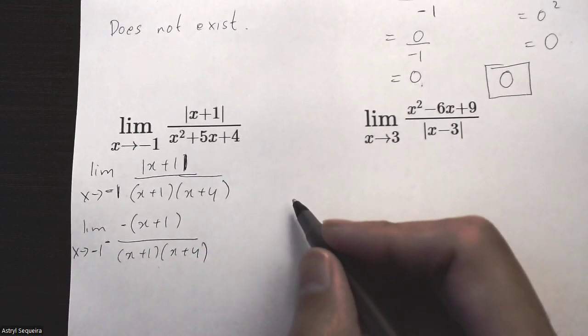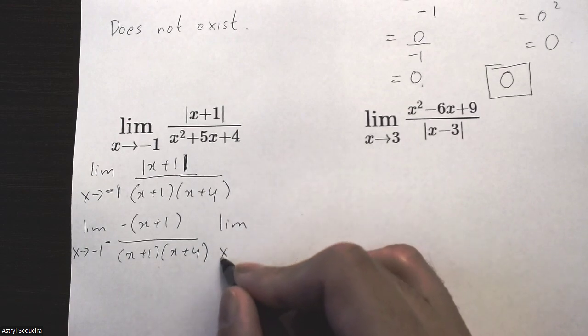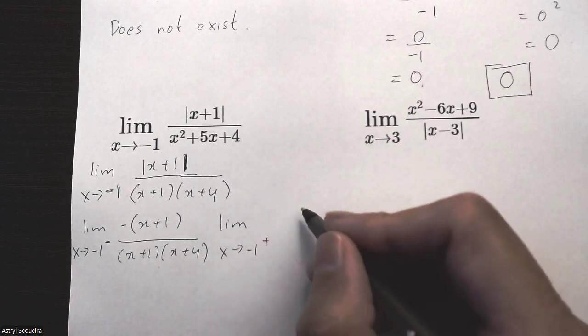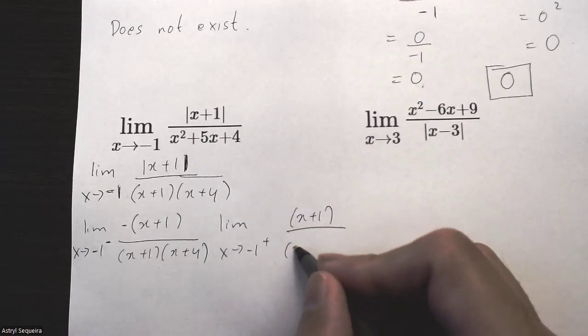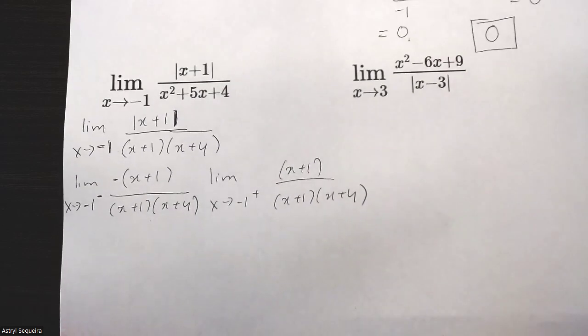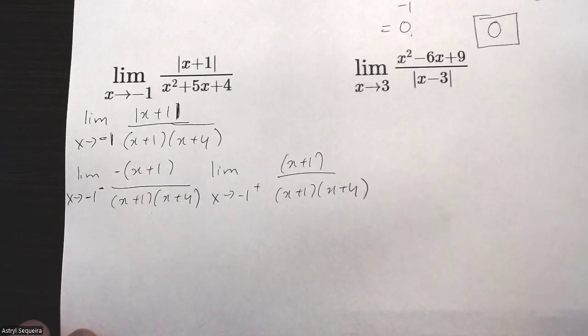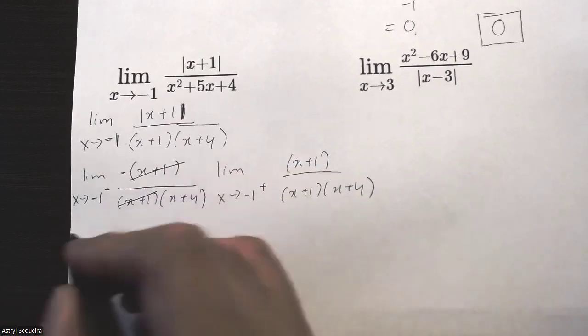And on the right side over here, it'll be lim x approaches -1 from the positive side, positive x plus 1 over x plus 1, x plus 4. So now I just have to simplify each one and see whether the limits match or not. I can cancel these over here.